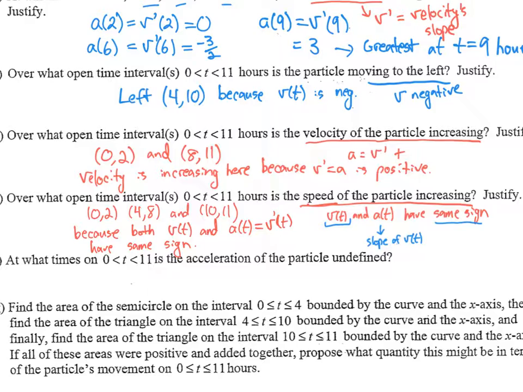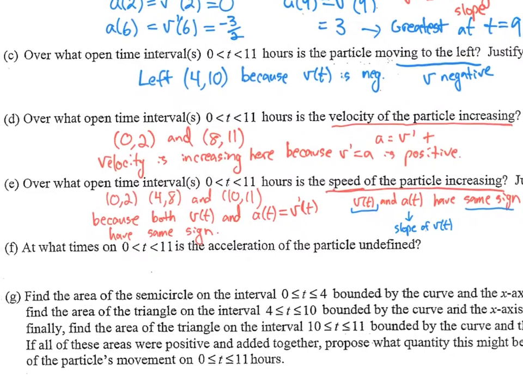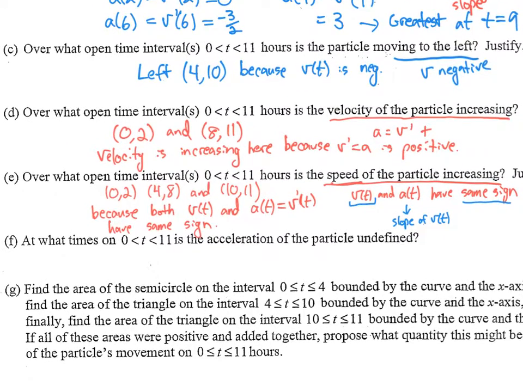Okay, and then in part F, at what times is the acceleration of the particle undefined? So the acceleration, again, is the slope of velocity. So we're looking for where the slope of velocity is undefined. That's basically going to be places where we have points of discontinuity or points of vertical tangent lines, or any cusps.